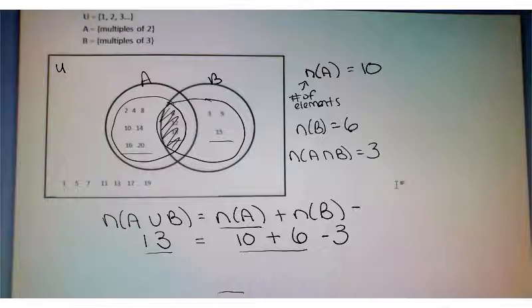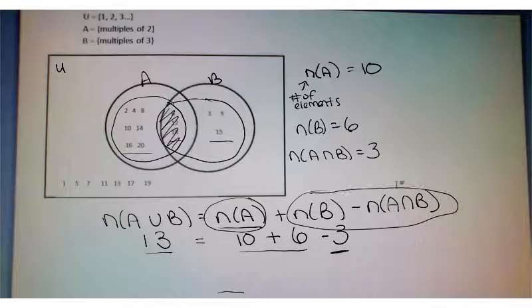But if they have something in common, you need to subtract it just once. Because the intersection was counted when we totaled up A, the intersection was counted when we totaled up B, and so if we just add that up together, we're counting the intersection twice. In order to eliminate the double counting, we subtract it just once. It's like saying, hey, we counted the intersection here, so don't count it here.